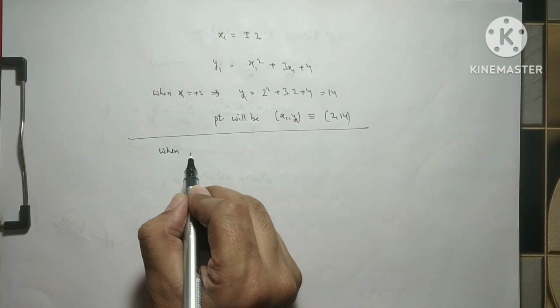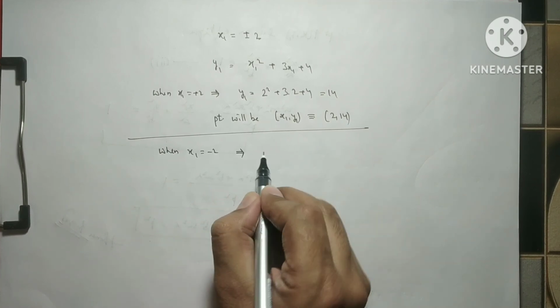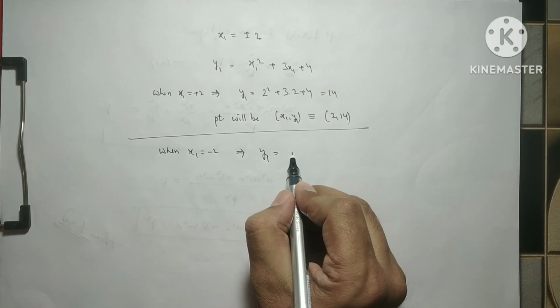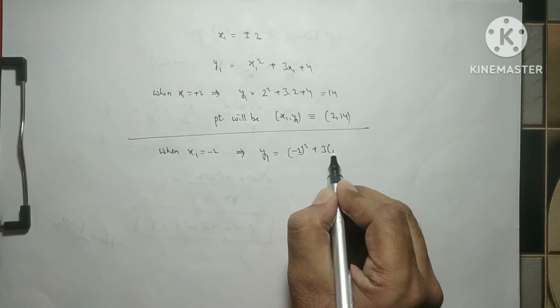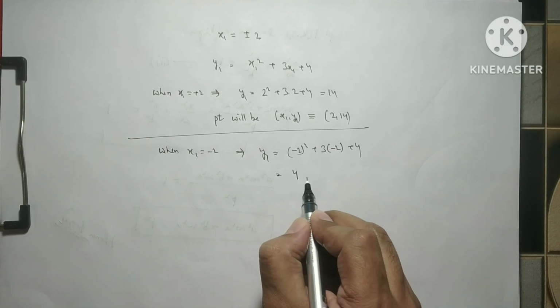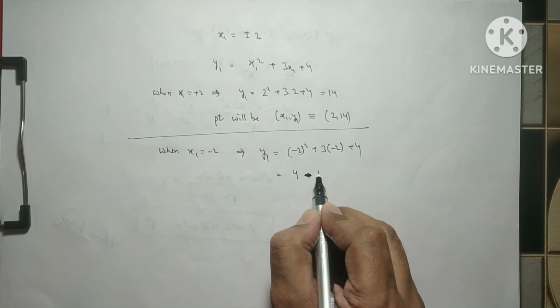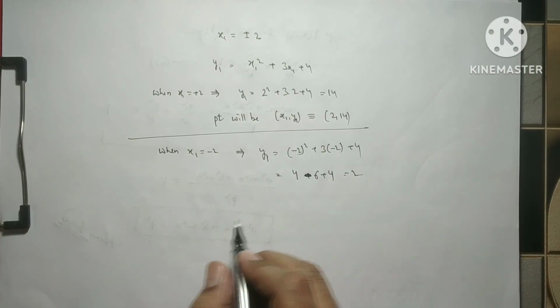When x1 is minus 2, then y1 will be minus 2 square plus 3 into minus 2 plus 4. So it is 4 minus 6 plus 4, 8 minus 6, it is 2.